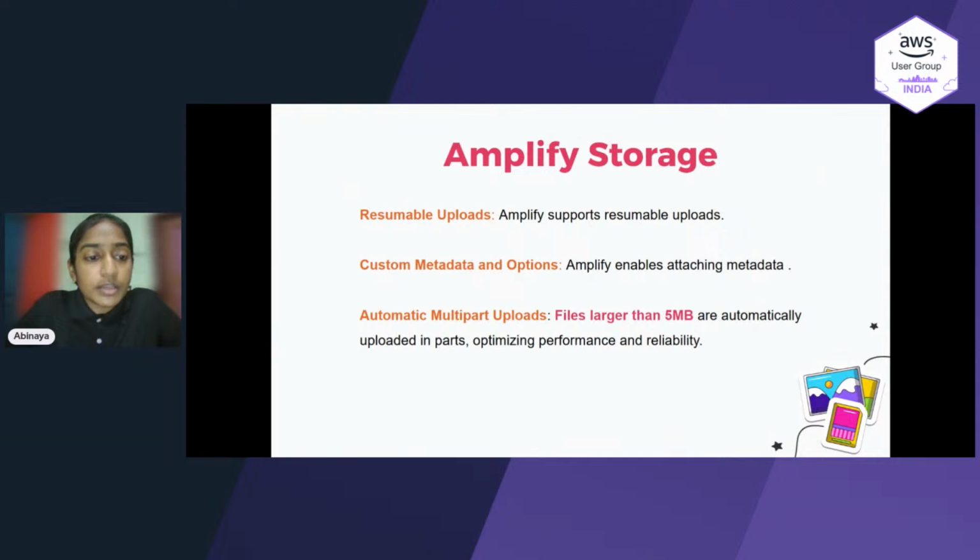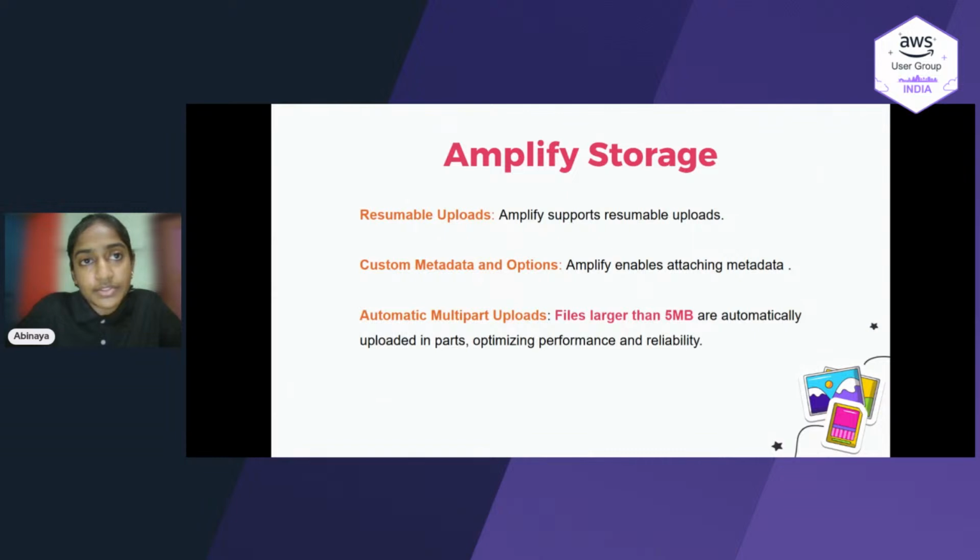Now, automatic multi-part uploads. Files larger than 5 MB are automatically uploaded in parts. It optimizes the performance and reliability as well. The multi-part upload strategy reduces upload failures and enables faster uploads for larger files.